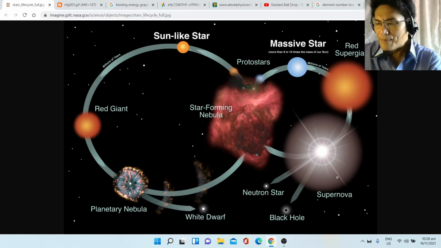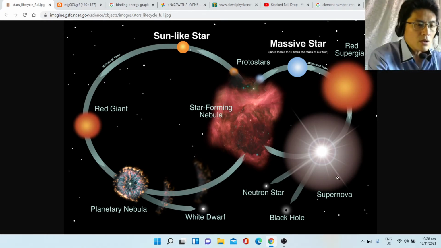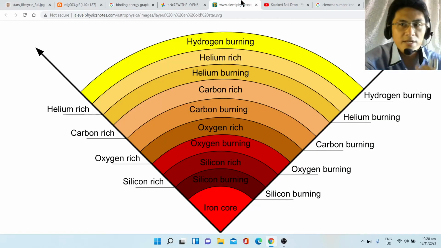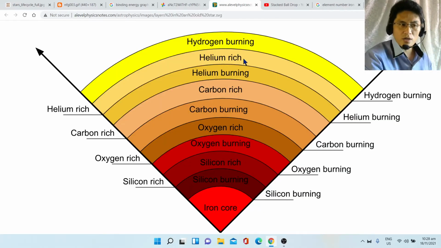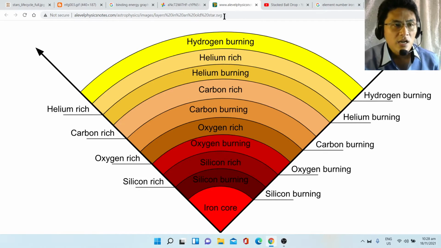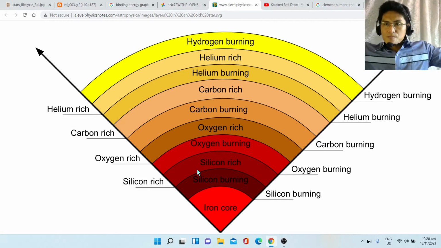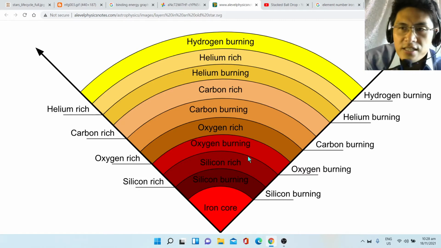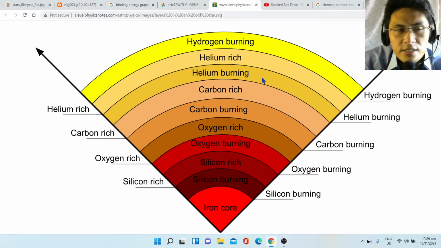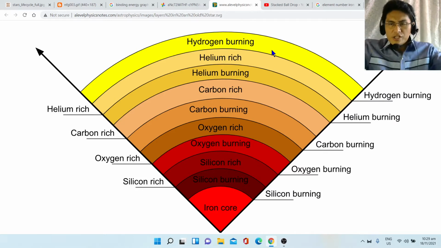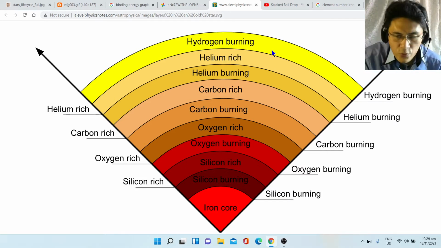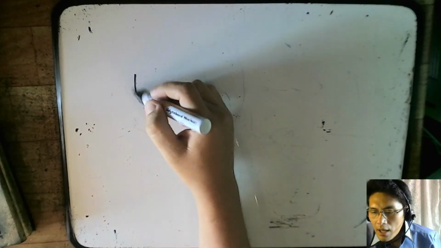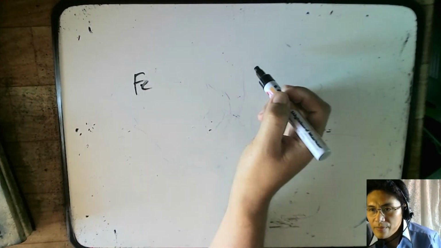Okay? So what happens really is, when the star is mature, like this, it has a lot of iron already, this star will explode. And when it explodes, it will kind of push all of these things upwards. And the energy is so high that it's enough to fuse elements higher than iron.